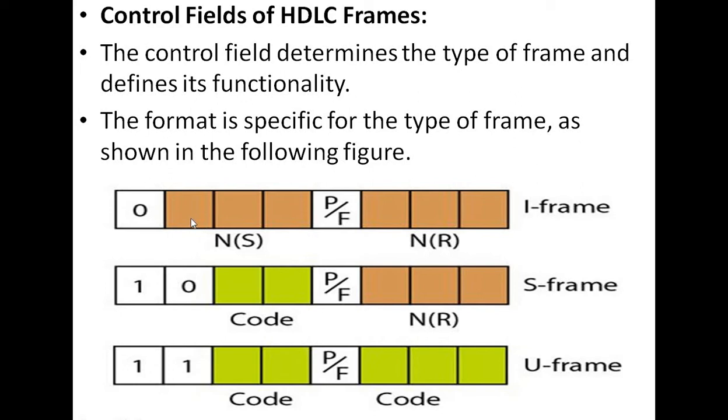And the next three bits, this is 1, 2 and 3, the next three bits are called N(S). This N(S) defines the sequence number of the frame, but in the extension format in which the control field is 2 bytes, this field is larger.